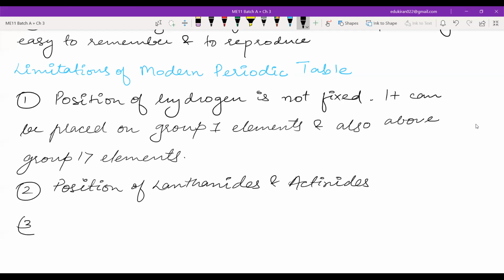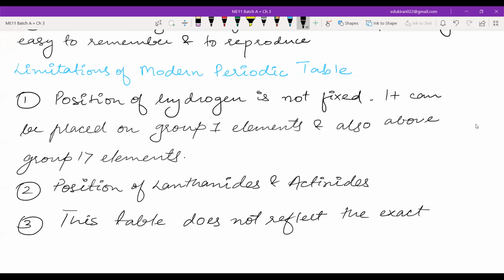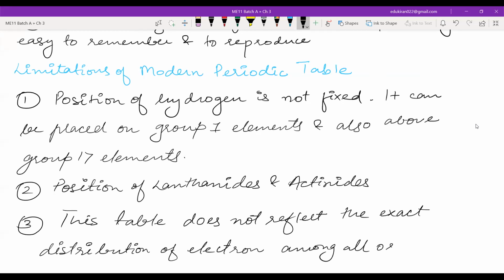Third is that this table does not reflect the exact distribution of electrons among all orbitals.